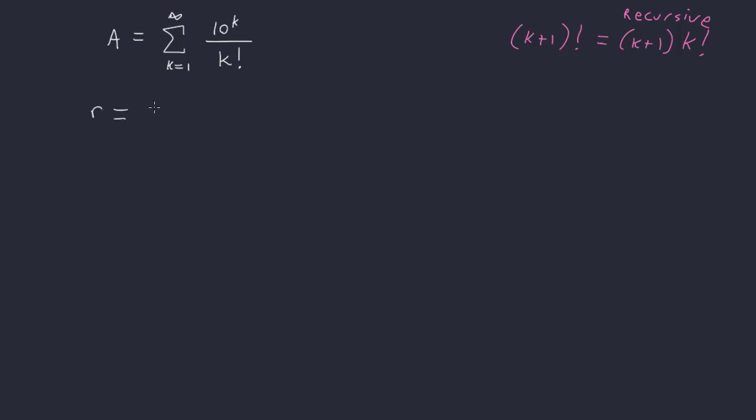We want to look at this r, which is the limit as k goes to infinity of the absolute value of a sub k plus 1 all over a sub k. Now, like we did with the limit comparison test, I often go ahead and take the reciprocal of a sub k.